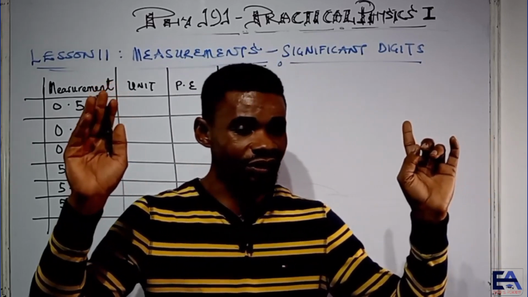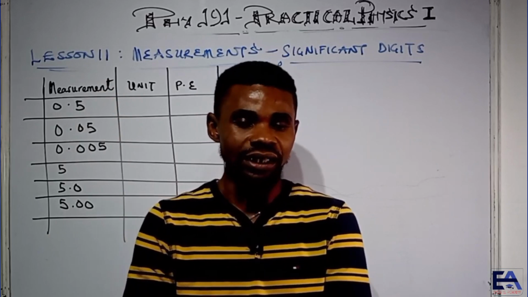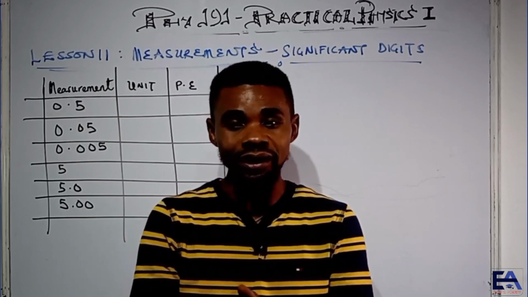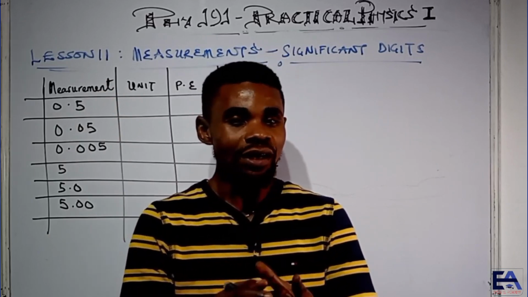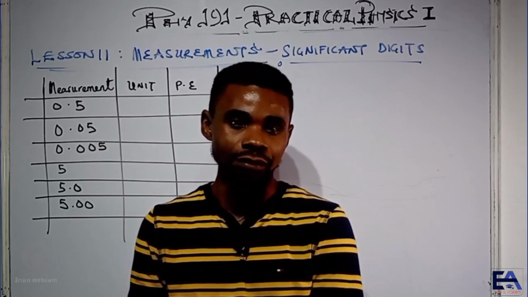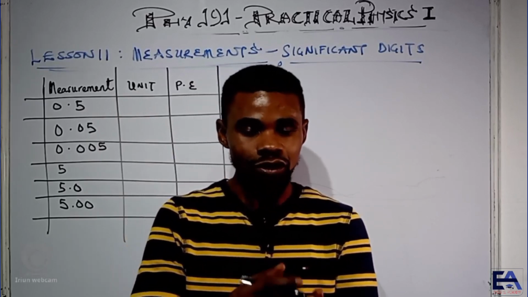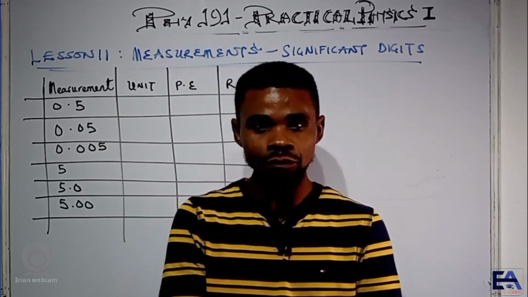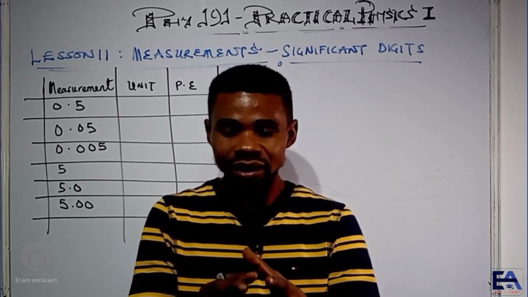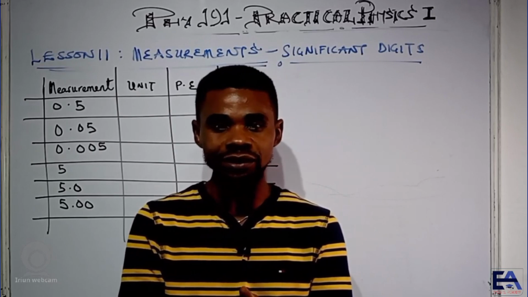We are doing all of these topics because we are learning how to handle error in physics measurements when you are in the lab, taking measurements. You are learning how to manage error in measurements and how to do calculations with them in such a way that the final result will still be accurate enough to depict the essence of the experiment.